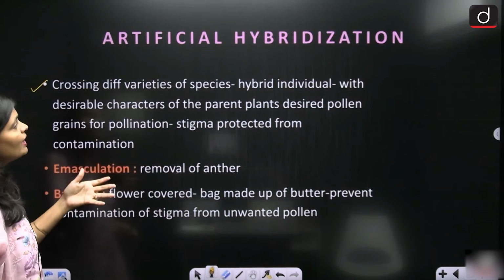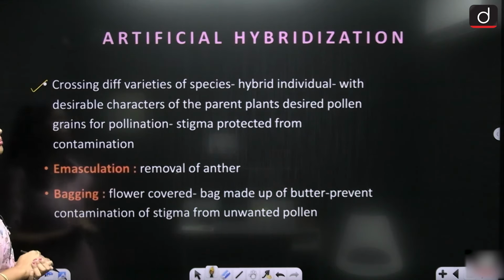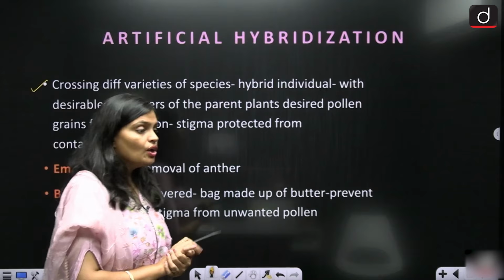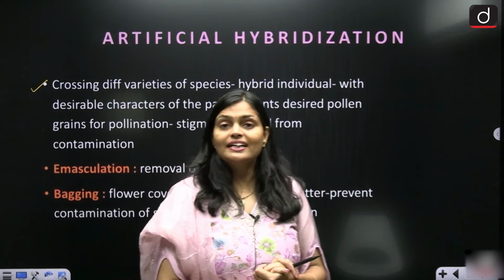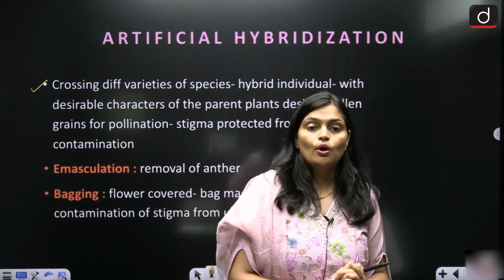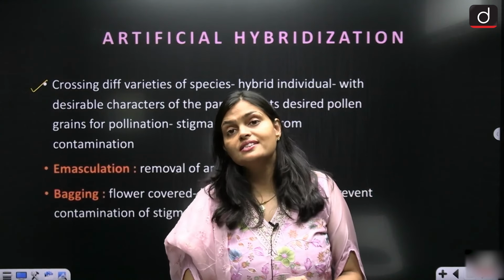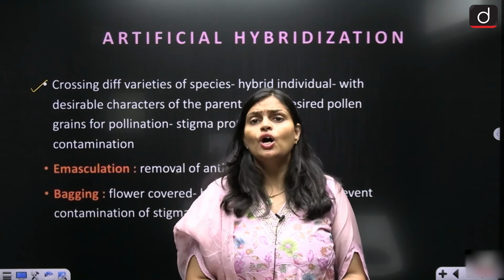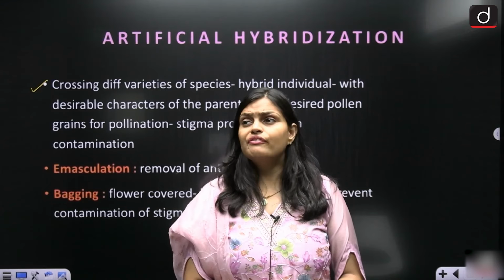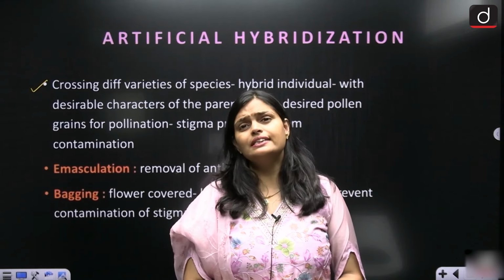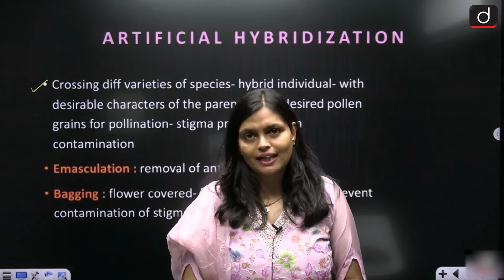So basically, artificial hybridization means you are crossing pollen of one species to the stigma of a different species, right? Or you can say artificial hybridization is basically a means of cross-fertilization.